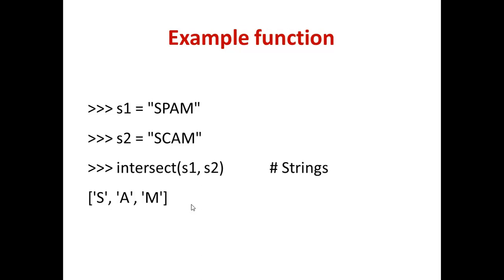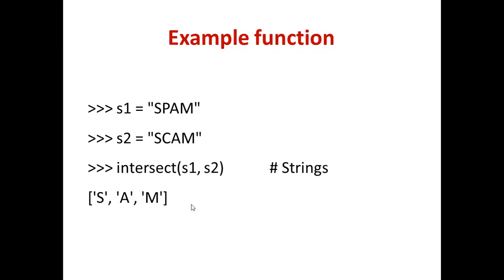It automatically checks the first versus first. S1's first item is S, and it will be matched against S2's items. Automatically the first item is matching, so item 1, S, is a common item. Then check the second item. My S1's second character is P. That will be checked against all the S2 items: S, C, A, M. No matching, so it won't be appended.